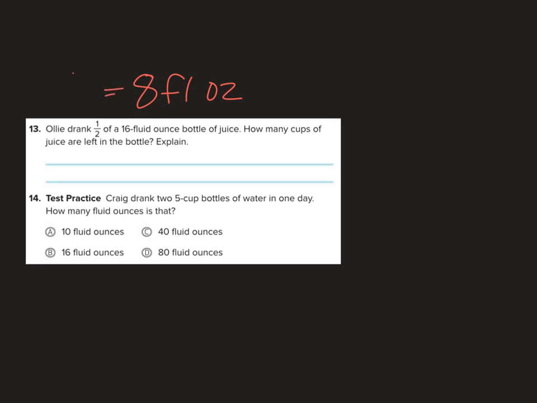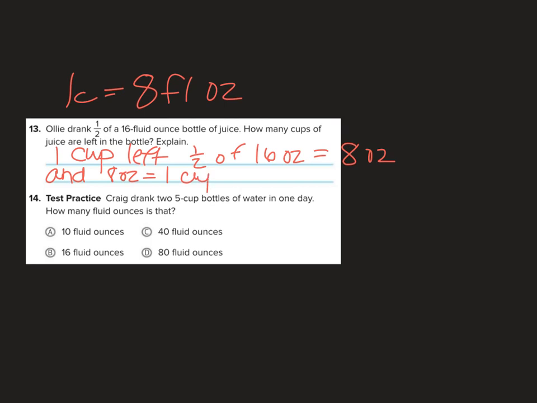Well, 8 fluid ounces equals 1 cup. So she has 1 cup left. So we could write half of 16 ounces equals 8 ounces, and 8 ounces equals 1 cup.